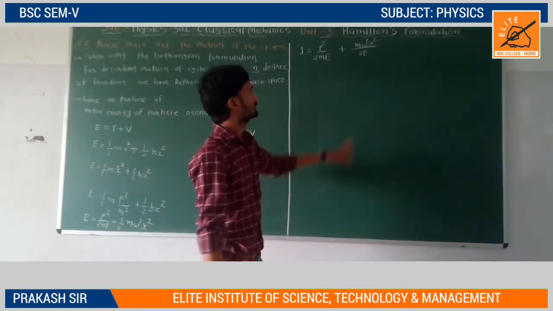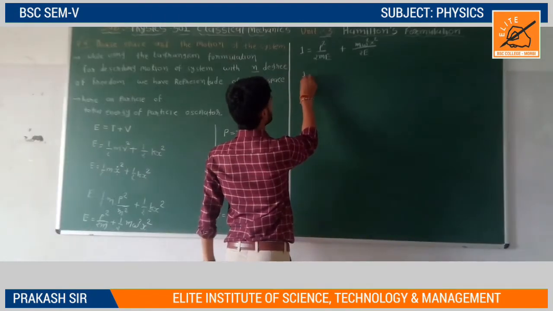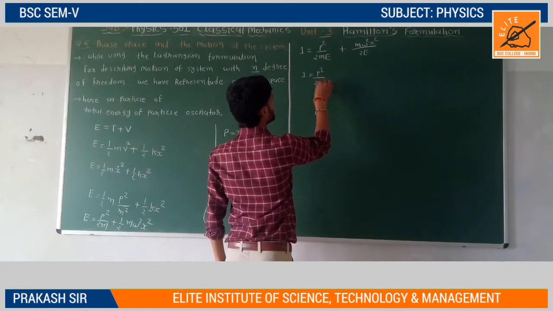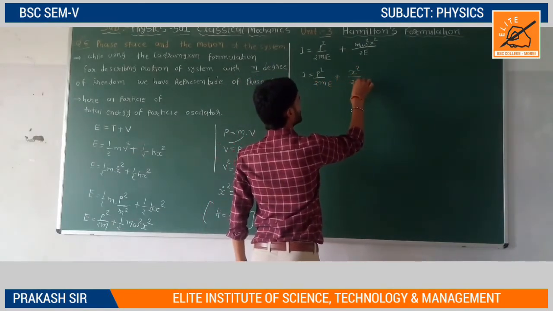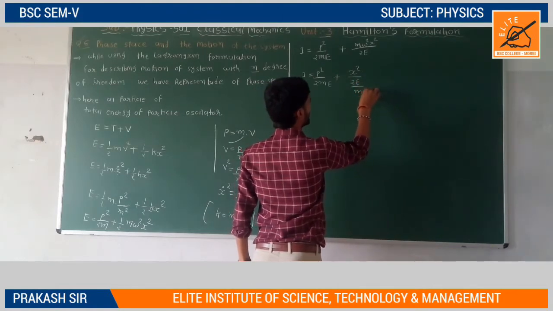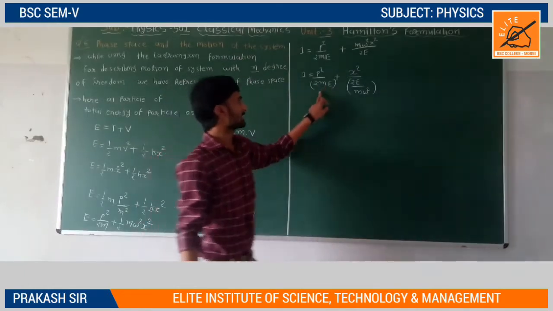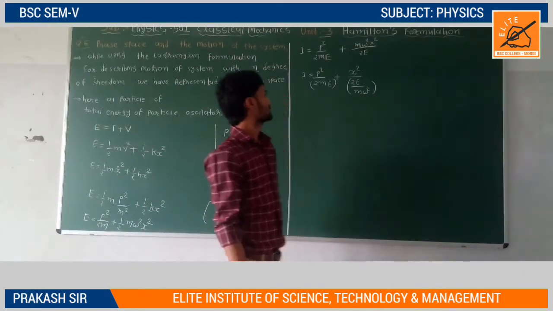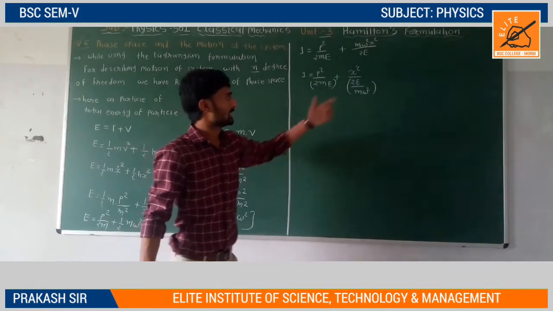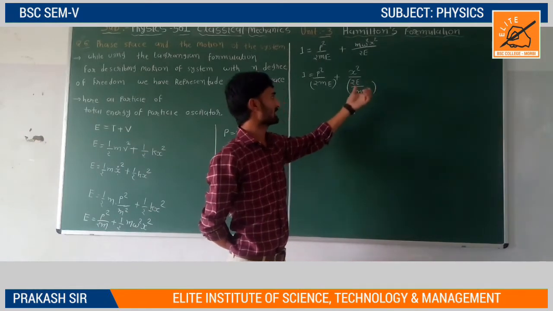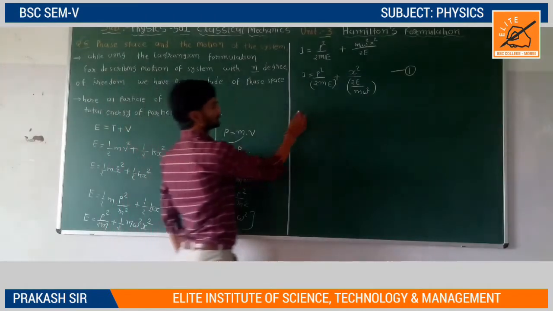Now m omega square goes to the denominator, so p square upon 2mE plus x square upon 2E upon m omega square. Two energy states: kinetic energy state and potential energy state. So the energy of the particle E has kinetic part 2mE and potential part 2E upon m omega square. Equation number 1.